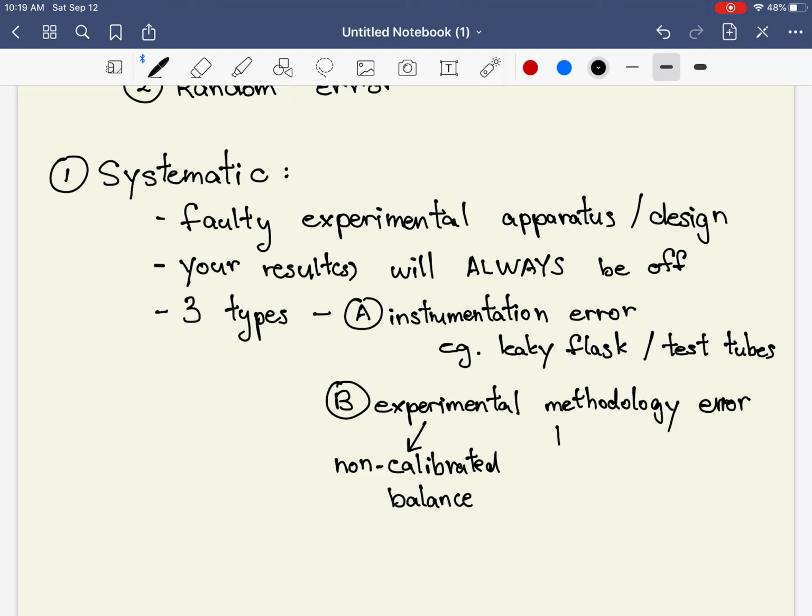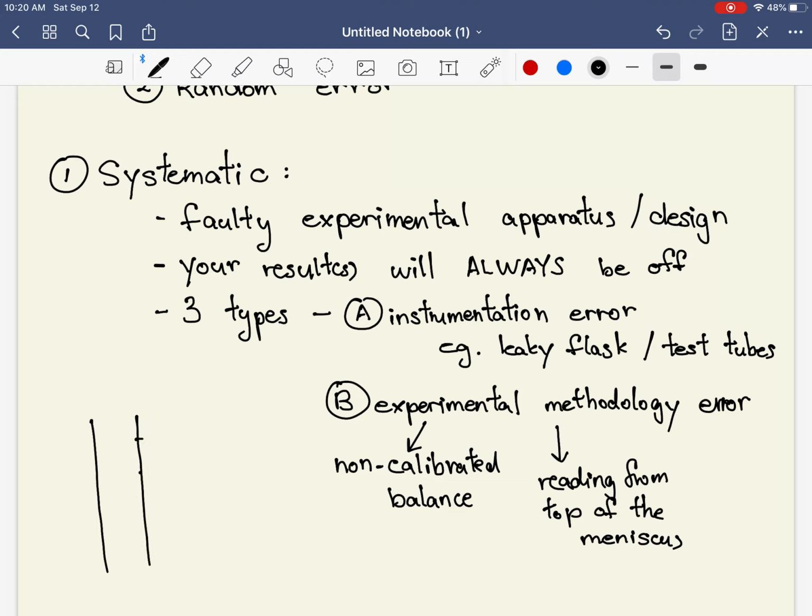Or you're reading from, let's say, a test tube, a graduated cylinder, or a burette, which you'll be using soon. You're reading from the top of the meniscus. In case you don't know what a meniscus is, let's say this is your graduated cylinder.